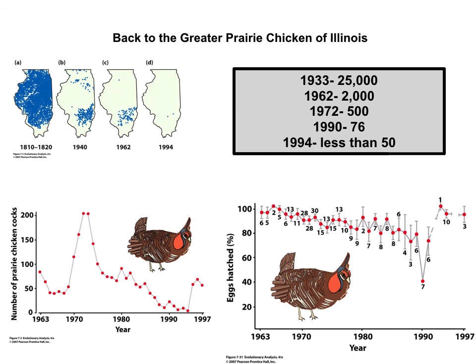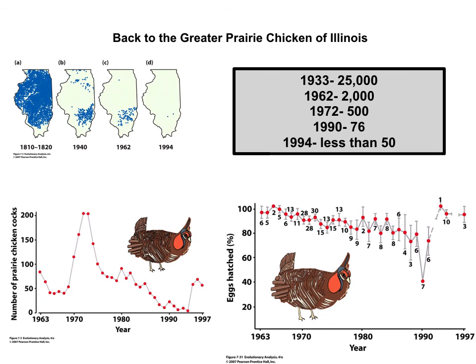The hypothesis was sort of the following. The destruction of the habitat did two things to the prairie chicken population. First, it reduced the bird's population size, right? It dramatically reduced the population size, and we can see that in the graphs. But second, it also fragmented the population.